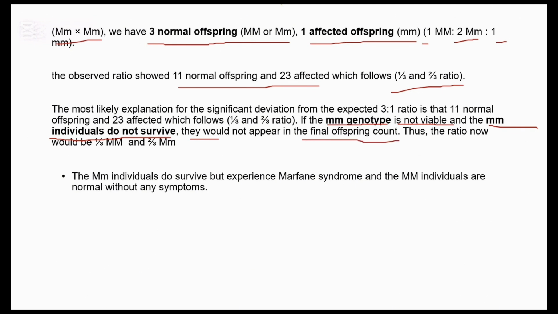So the ratio now would be 1/3 big M big M, and 2/3 big M small m, which is 11 normal offspring and 23 affected offspring. A note here is that the big M small m individuals do survive, but they experience a mild Marfan syndrome, and the big M individuals are healthy without the symptoms.